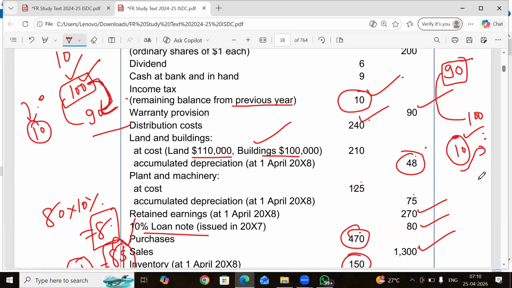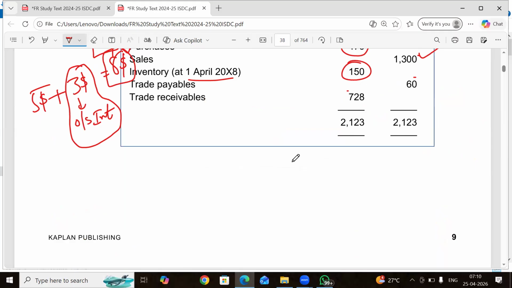So what it will do, it will increase the income tax expenses very clearly. So how it happens, if we make the account also, it will be provision of tax by opening balance 10.